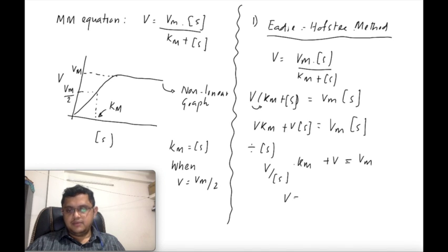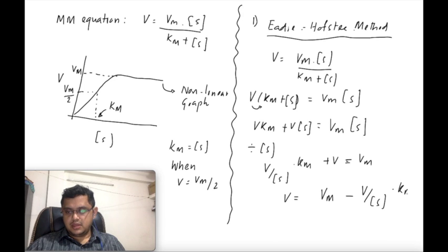From this, you keep the V on this side and bring the other term to the other side: V is equal to Vm minus V by S into Km. If you look at the variables, this is a variable, this is a variable, and this is a variable, whereas the other things are constants.